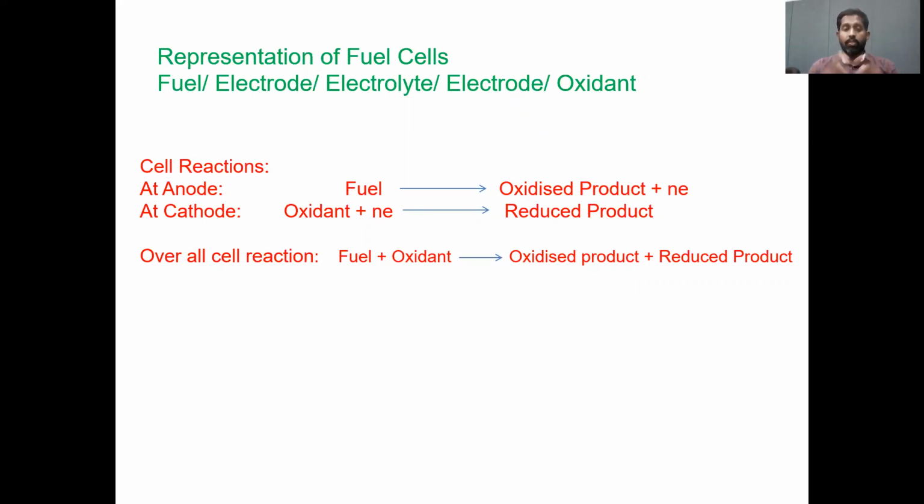So during the overall fuel cell reaction, a fuel combines with an oxidant to form an oxidized product and a reduced product. Is it clear? This is a simple electrochemical device converting chemical energy to electrical energy by redox reaction. For that, we need an electrolyte, an anode, a cathode, a fuel, and an oxidant.